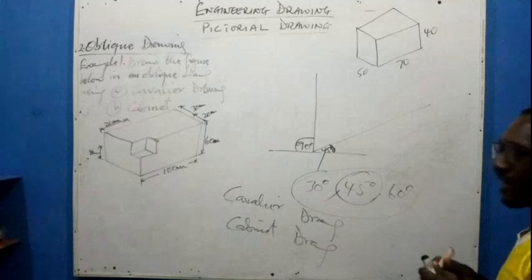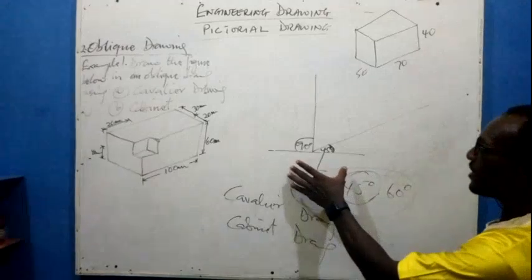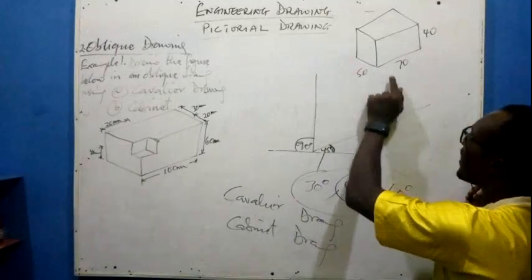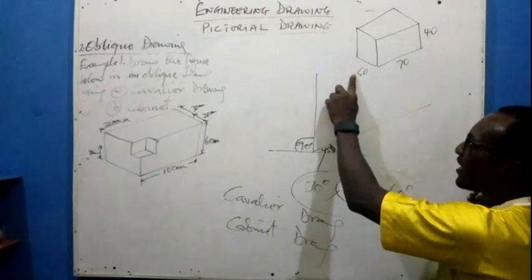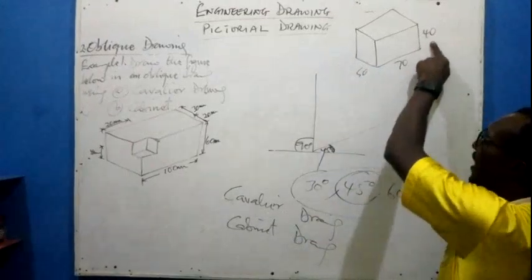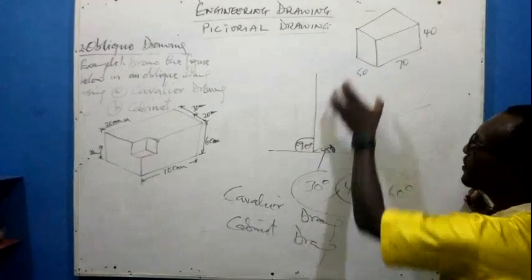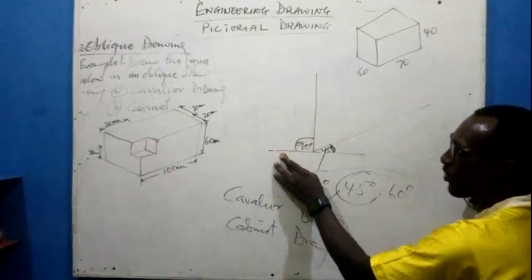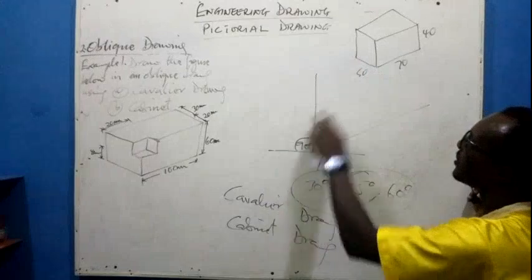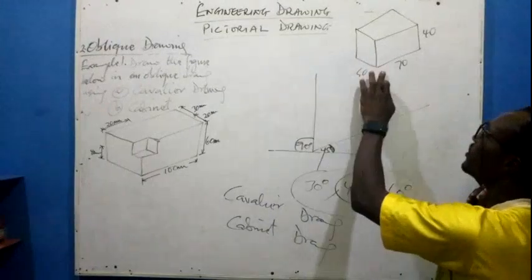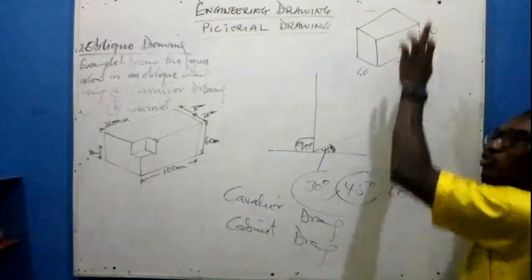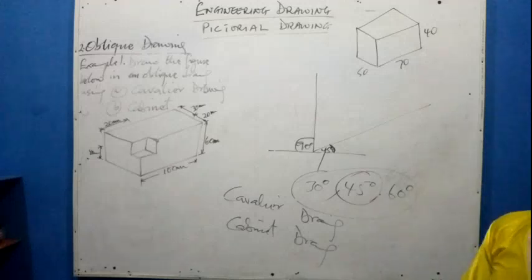Now when you look at the Cavalier, the left incline, the right incline, the height. If you want this side to sit on the horizontal plane, you draw it to the full. This place too, you draw it to the full. The height, you draw it to the full, based on the measurement given to you.